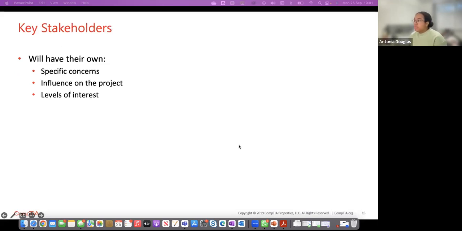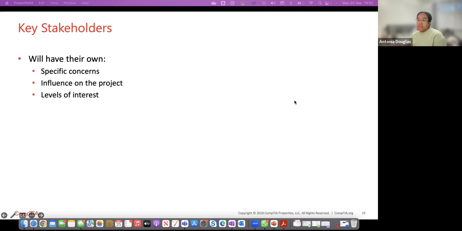Key stakeholders. Again, going back to what I just mentioned about the vendors being the providers of your applications, they are a stakeholder and potentially might have specific requirements that you have to meet.